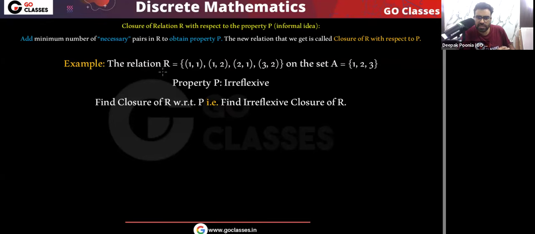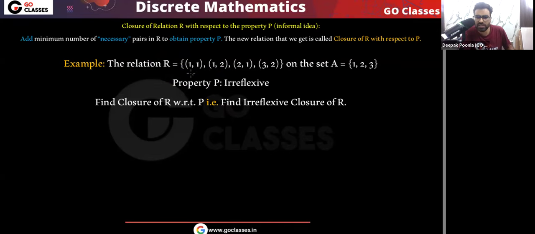First, you tell me, does the given relation already satisfy this property? Because if it already does, then I don't need to add anything. I can directly say that the relation is its own closure with respect to this property. Does the given relation already satisfy the property irreflexive?